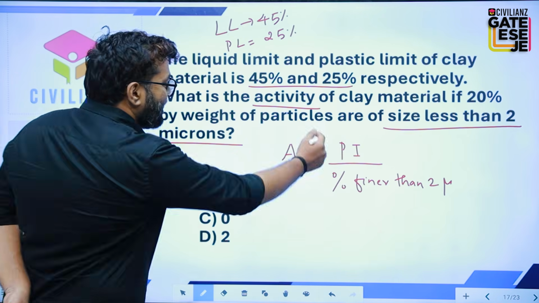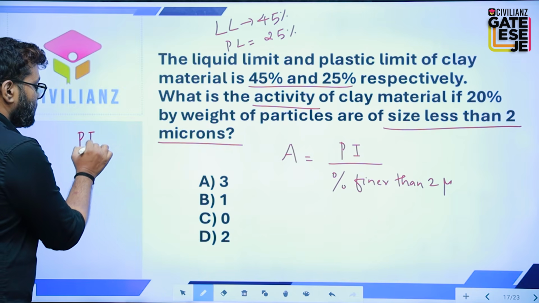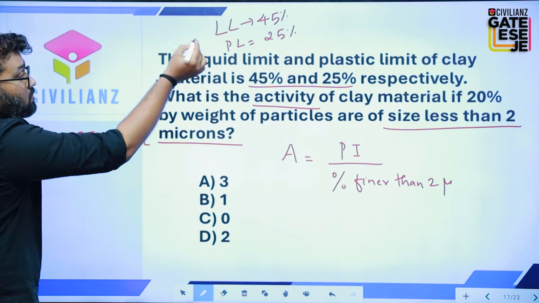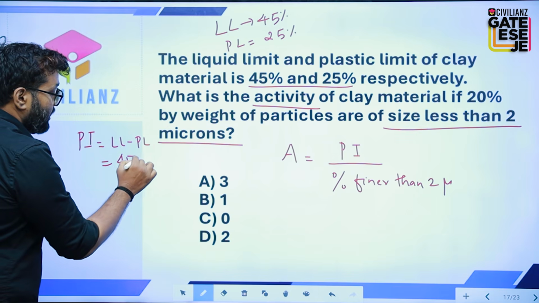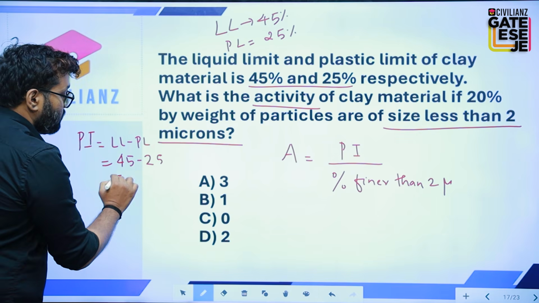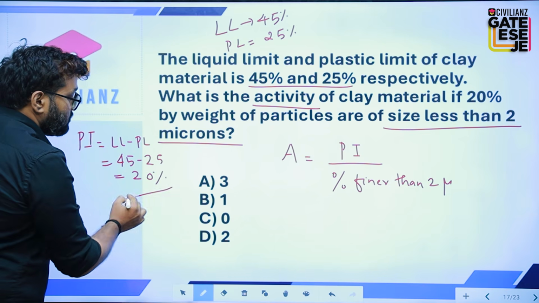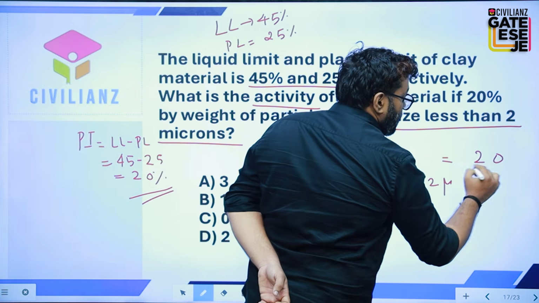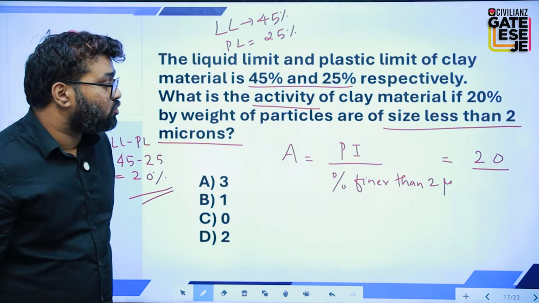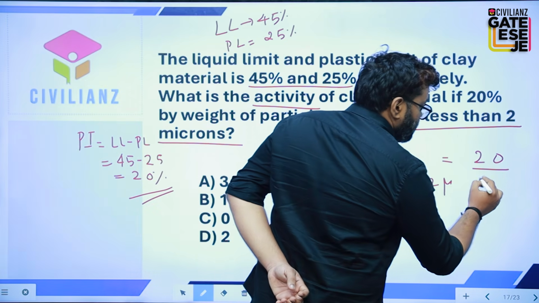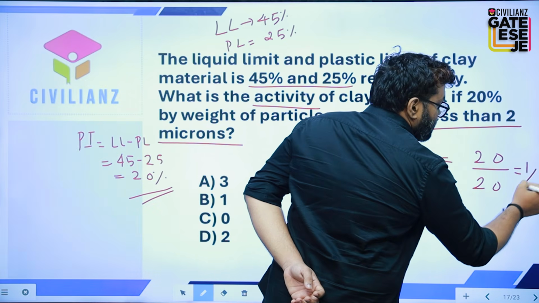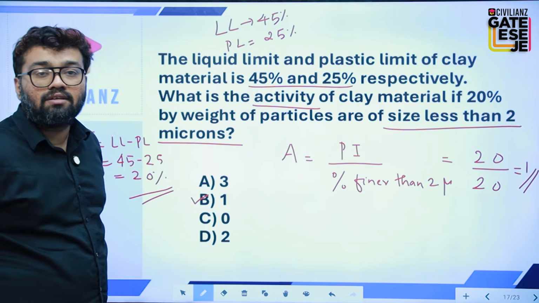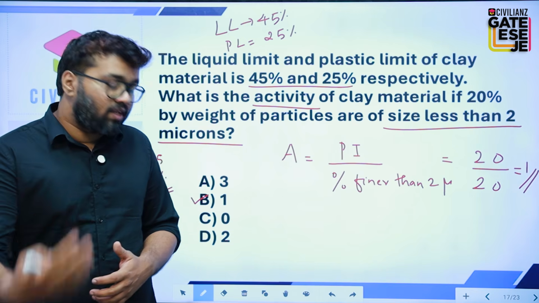Plasticity index is equal to liquid limit minus plastic limit, which is 45 minus 25, equal to 20%. So it is 20 divided by 20%, the percentage passing through 2 micron. So the answer is 1. The activity value is 1 and the correct answer is option B. Okay, now we can move to the next question.